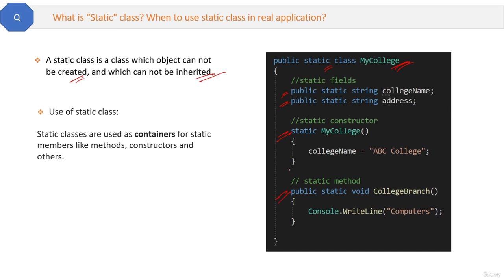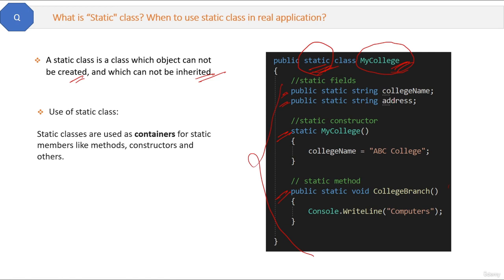Now the question is, what is the point of marking the class static? That is for code security. For example, you know that all these methods are static, and static methods are called directly from the class name. You cannot create the object and then call the static method. So if all of the methods of a class are static, then marking the class as static will ensure that no other developer will be able to create the object of this class, or inherit from it.